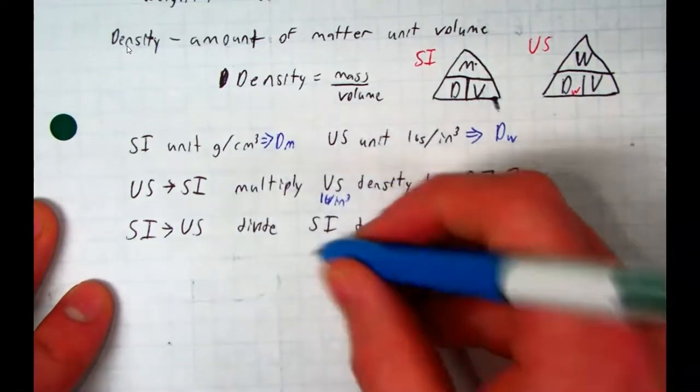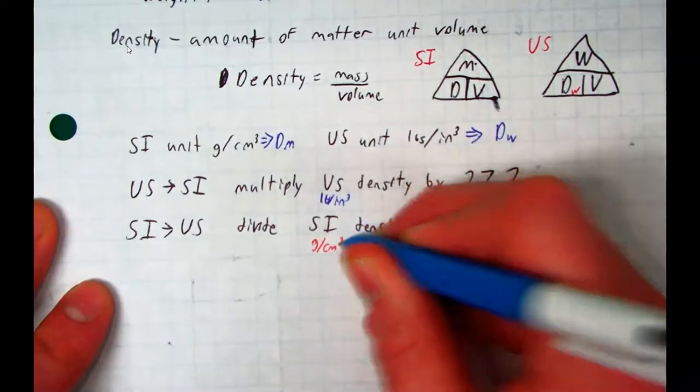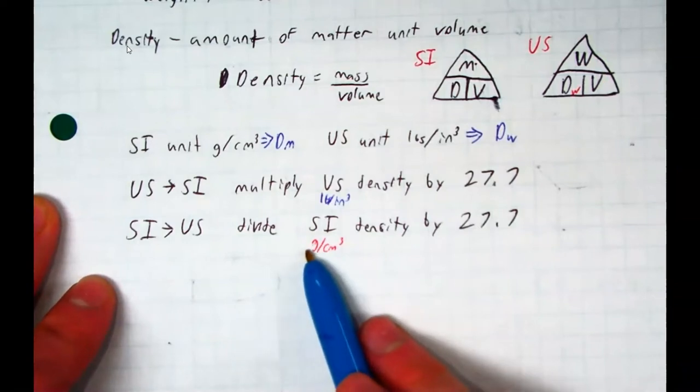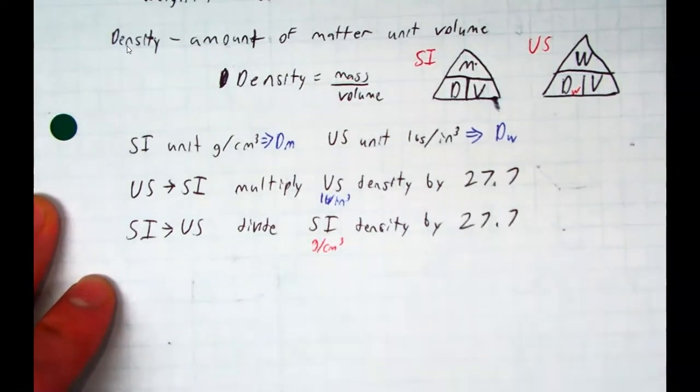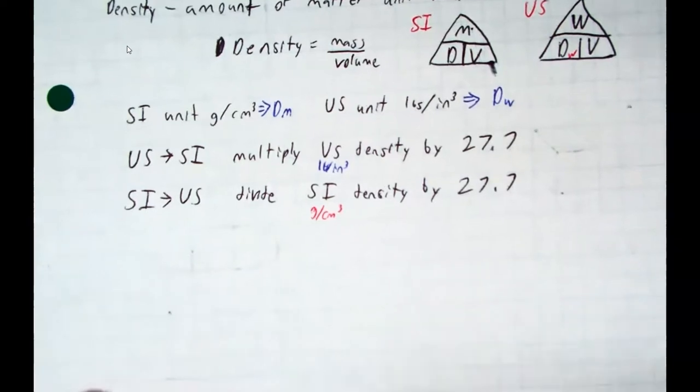And I take SI, I divide my grams per centimeter cubed by 27.7, whatever that number is. If it was 15, I would say 15 grams per centimeters cubed divided by 27.7. And it would give it to me in pounds per inches cubed. Just a nice quick conversion rate to save you all that dimensional analysis work.